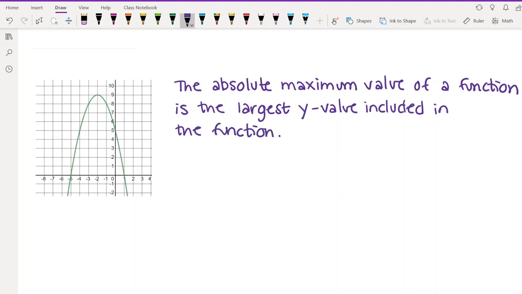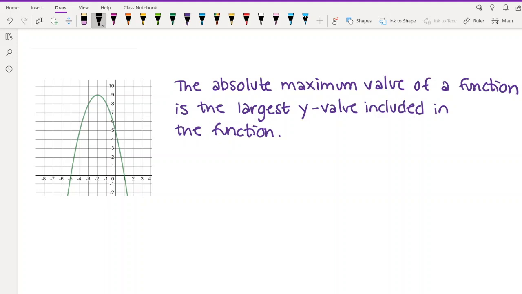So when you're talking about the maximum value of a function, that's always a y value. Again, think about if this is a graph of temperature or the height of a ball as time goes on. If someone says, what's the highest temperature, or what's the highest height that the ball reaches? What is the maximum temperature? You're not going to tell them an x value. You're going to tell them that output, right? Because the output represents the value of the function, whatever that function represents.